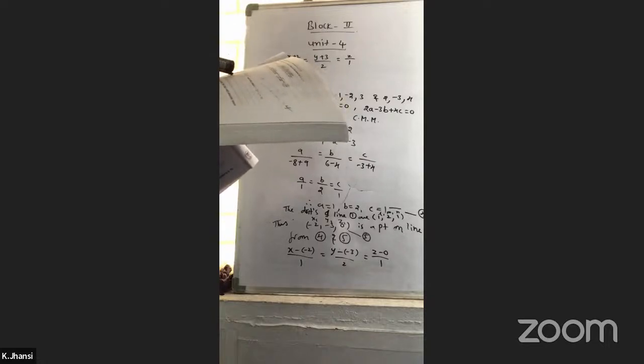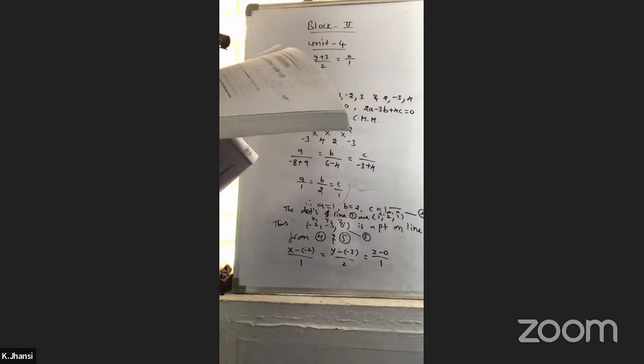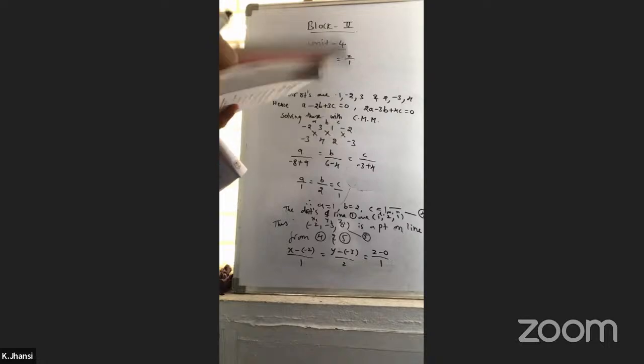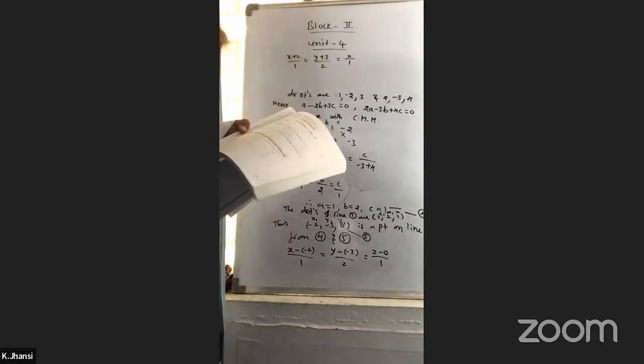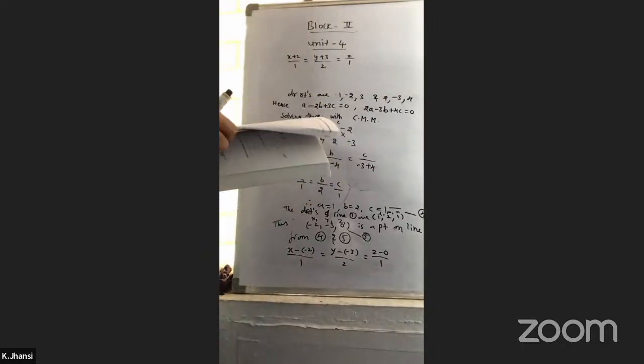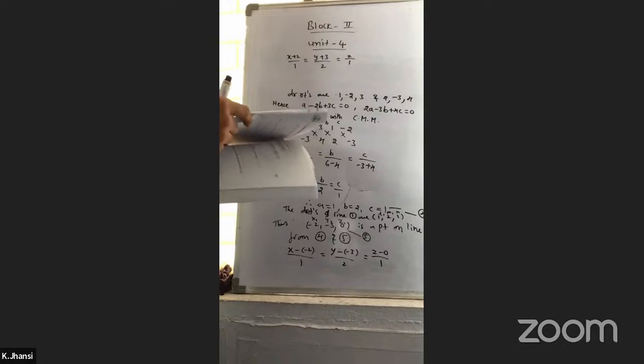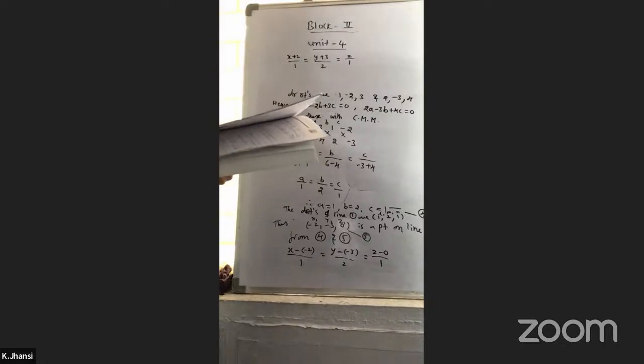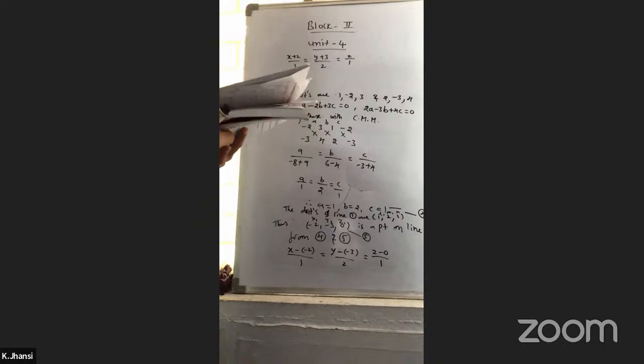In the denominator, whatever values are there, those are the L comma M comma N values, and in the plane equation, you have the A, B, C values. If you substitute in the formula, you will get the answer. So this is about the angle between a plane and a line. You practice that one. Example problems are given in the textbook, and from that you can do.